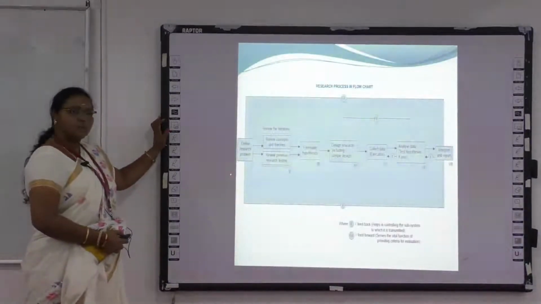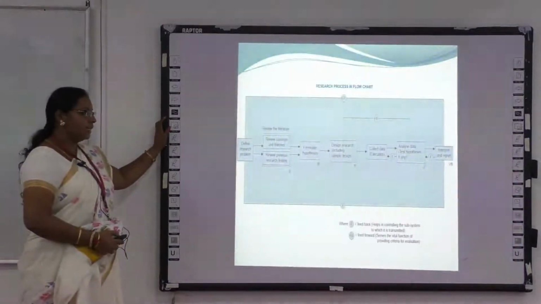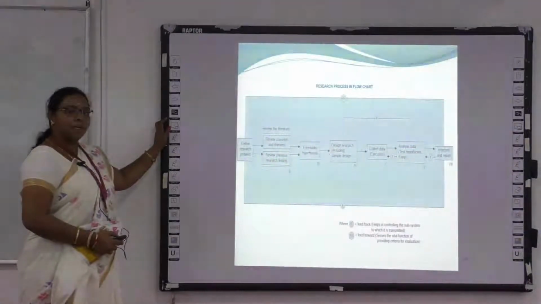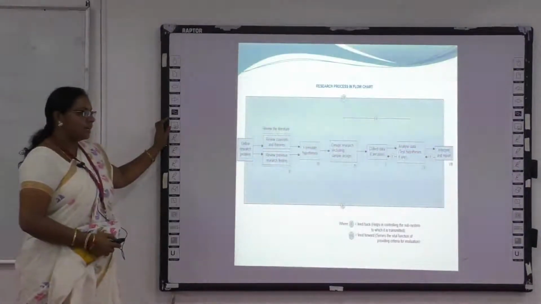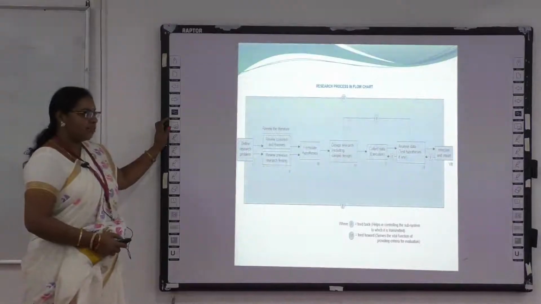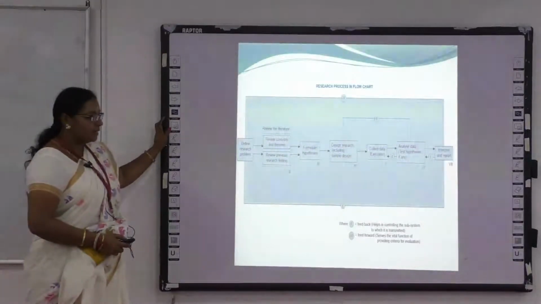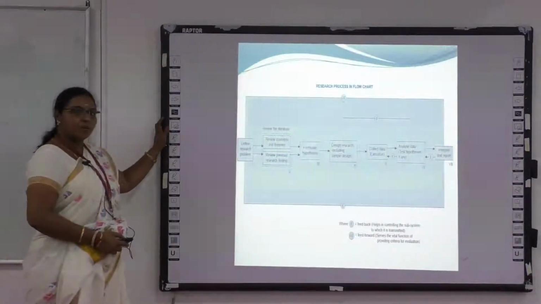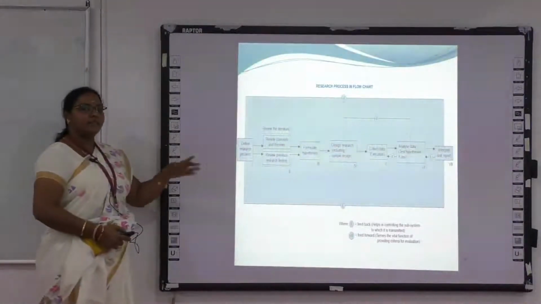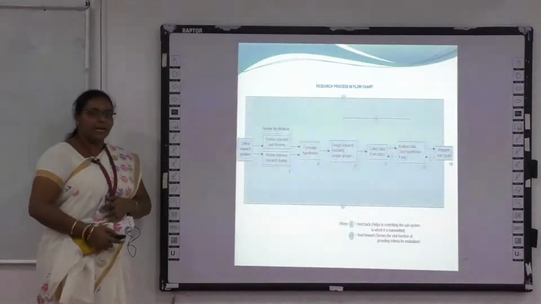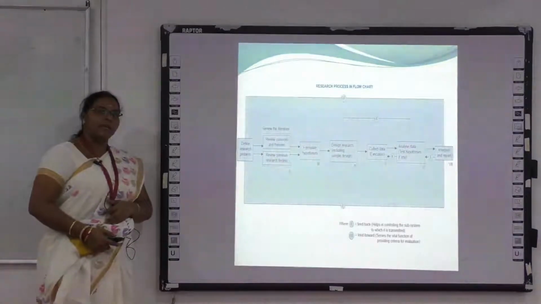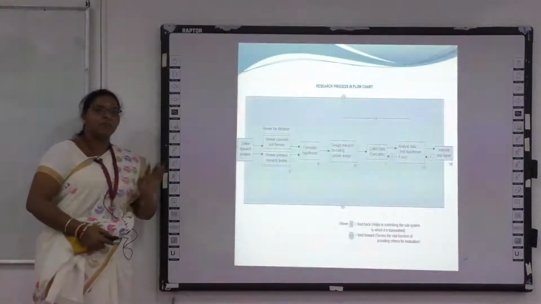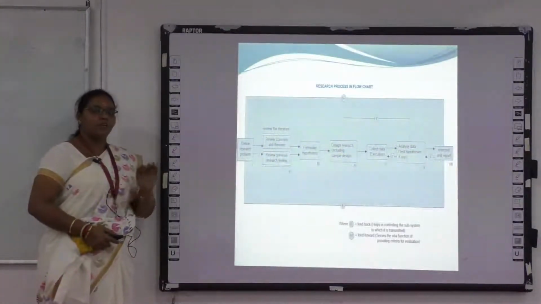Defining the research problem, my research concepts and theories, then formulating my hypothesis, research design, collection of data, analysis of data, and the interpretation part. When this interpretation part goes wrong, my entire research will be under a type 2 error. What is that? A type 2 error is where no modification of data or research can be done.